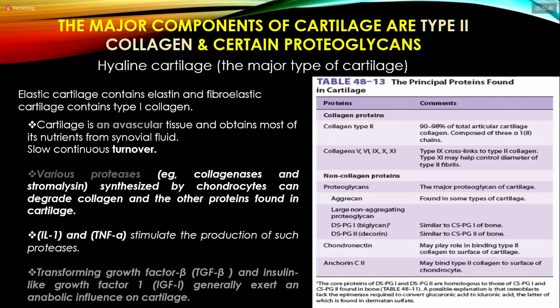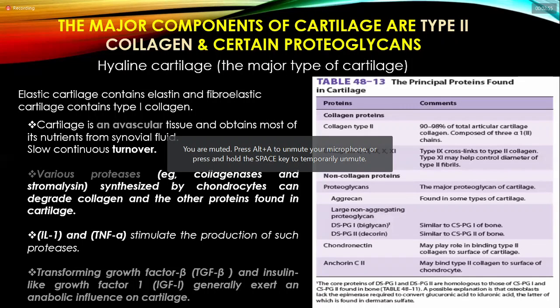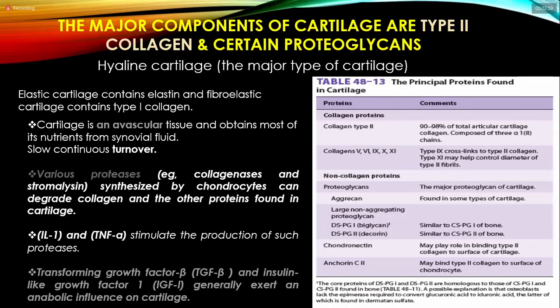So the collagen can be degraded or synthesized according to the specific type of that tissue, or it can be a pathological issue due to the stimulation of certain pathological pathways.